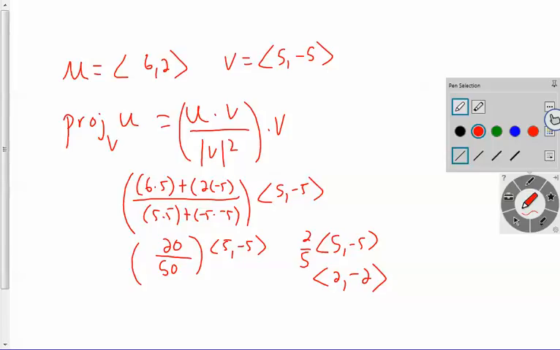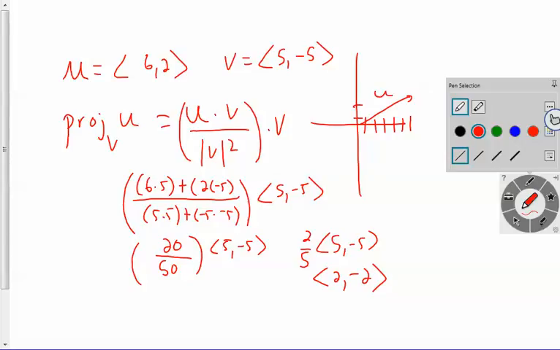So how does this all look? Well, this is what it looks like. First, (6, 2): over 6, up 2, and it goes way out like that, roughly. That's u.